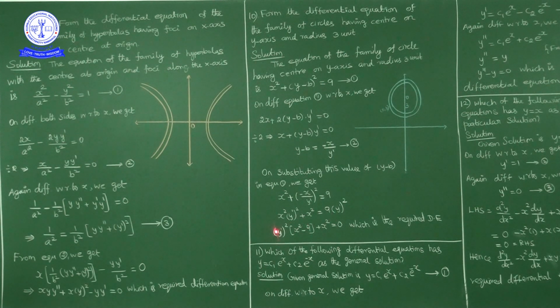By taking y'² common from these two terms, we get y'²(x² − 9) + x² = 0, which is the required differential equation.